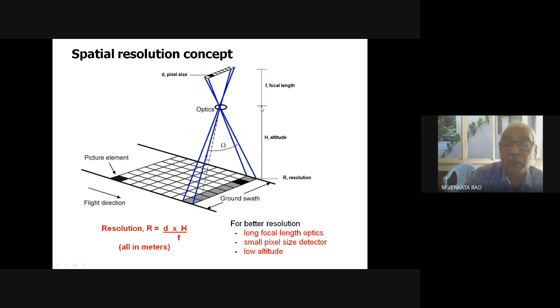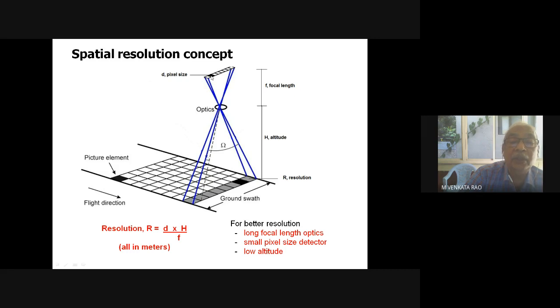So the satellite is basically flying at an altitude of h. Maybe it can be 600 kilometers or 700 kilometers. Now with this geometry, you take one pixel in the detector.